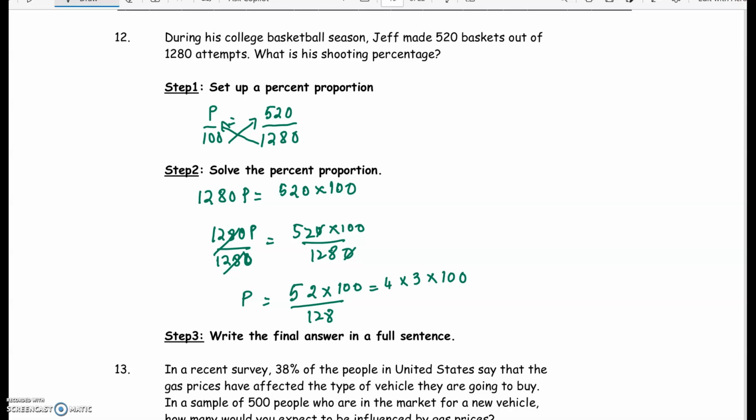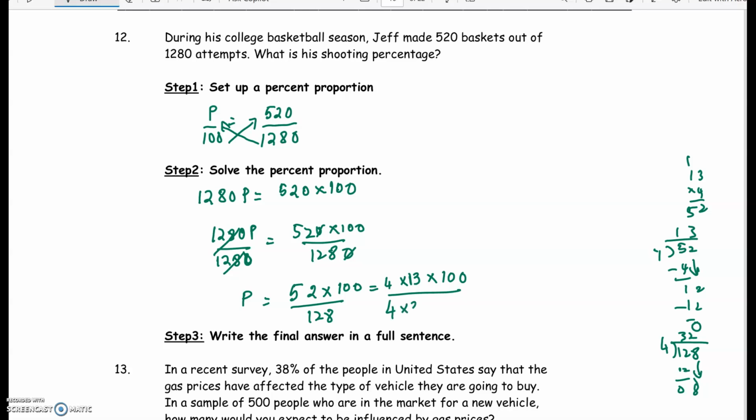So 4 goes 13 times. So 13 times 4 is 52, or just divide. 4 ones are 4. 4 threes are 12. So you get a 0. So 13 times divided by, let's divide 128 by 4. 4 threes are 12. 4 twos are 8. So we have 4 times 32.